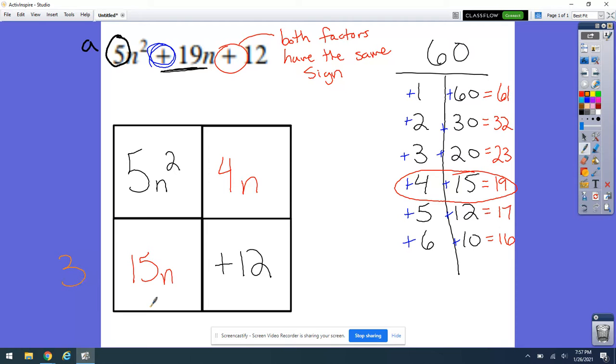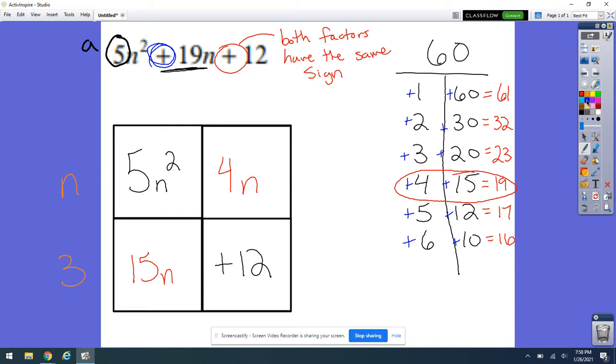Well, I can easily divide out a 3. I take a look at my next one. I have a 5 and a 4. They really don't have any numbers in common except for 1, so there's no number that I want to factor out. But if you notice, they both have an n. So how many n's can I take out of each one? I can take 1 here and 1 here, so n. And that completes this side.